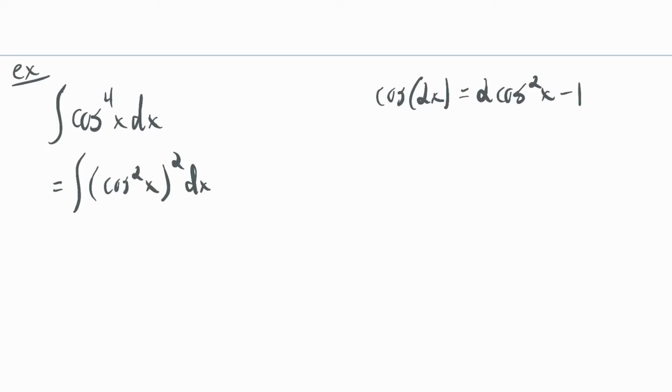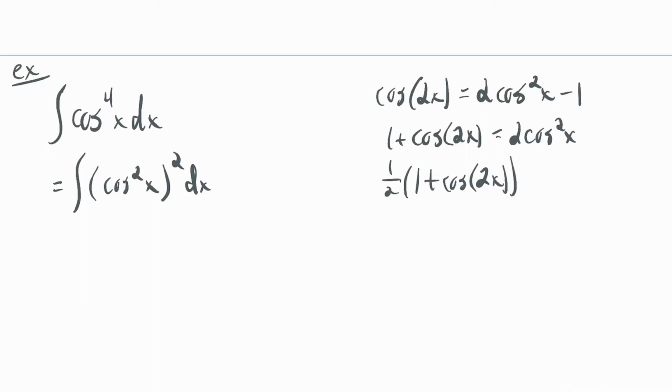I can add 1 to both sides, so 1 plus cosine 2x equals 2 cosine squared x, and then divide by 2 on both sides, so 1/2 times 1 plus cosine 2x equals cosine squared x.